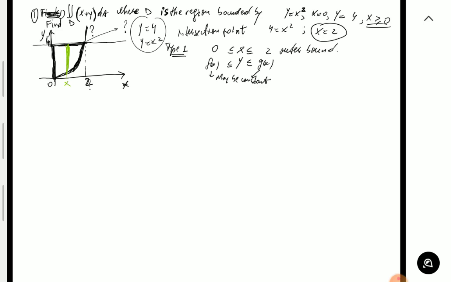But in general, both of them could depend on x, but sometimes one of them can be a constant. The thing is, in the type 1 setup, the bounds for y should be in terms of x. So you pick the lower bound, and you get y by itself, in terms of x. So what is this curve as y equals f of x? Well, it's already given, right? So x squared is going to be my lower bound for the innermost integral.